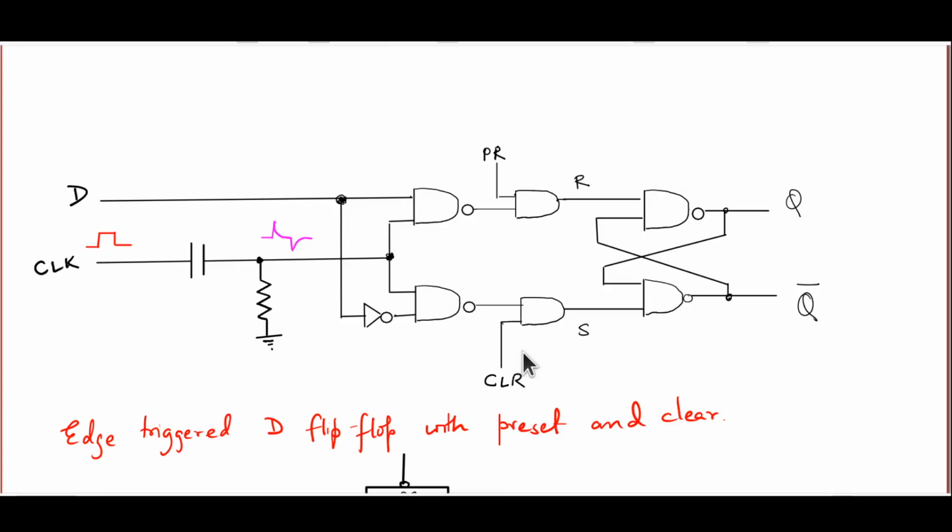So this essentially is what the edge-triggered D flip-flop with preset and clear actually is, and this is close to the actual circuit that is used in digital computers. I say close simply because, as you remember, you don't really use an RC circuit to provide the edge triggering in an integrated circuit scenario.